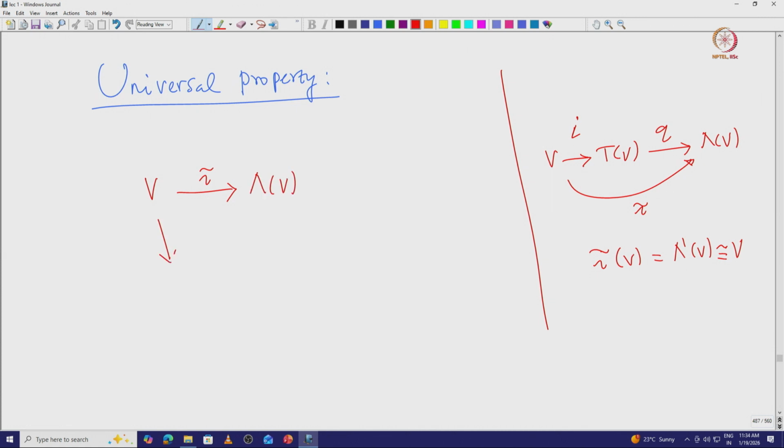Now, given any map from V to capital A, let us call that map alpha. What is this alpha? Alpha, as before, is a C-linear map.